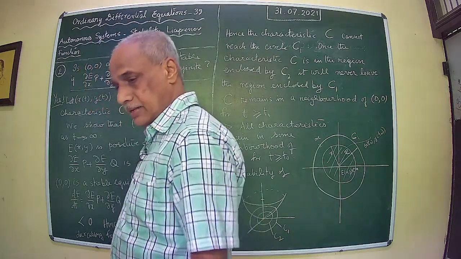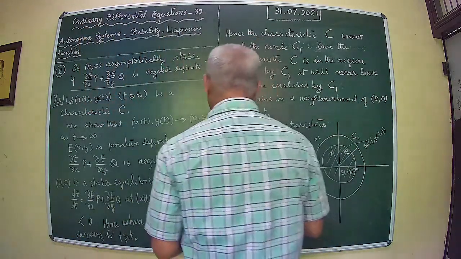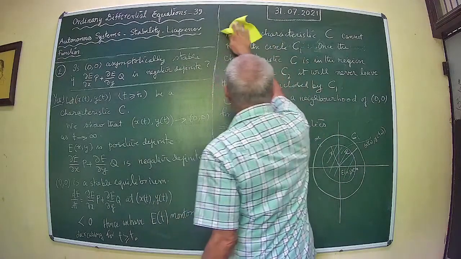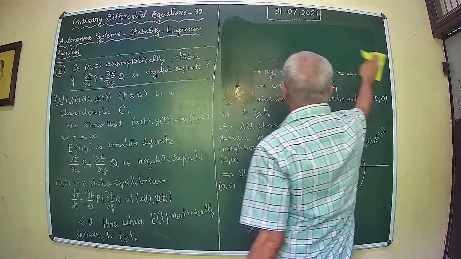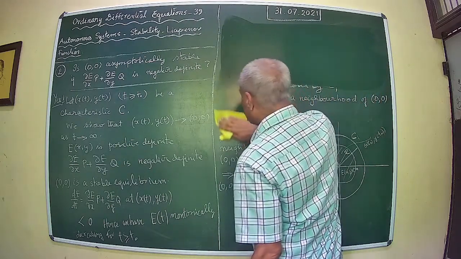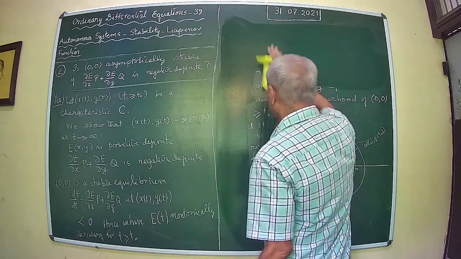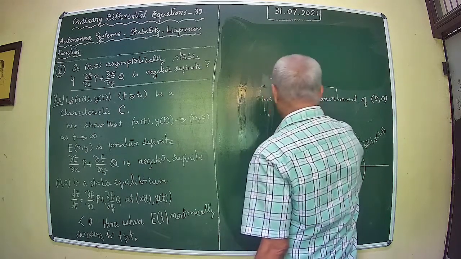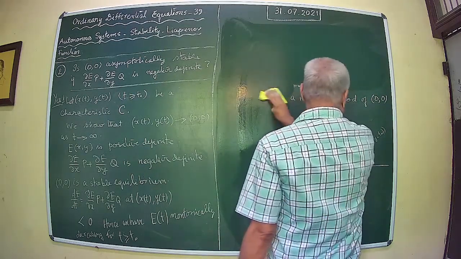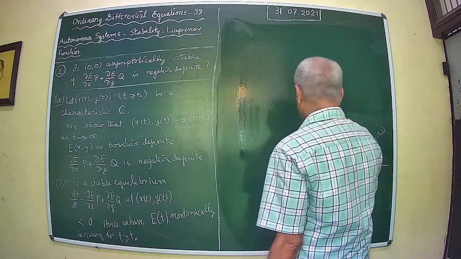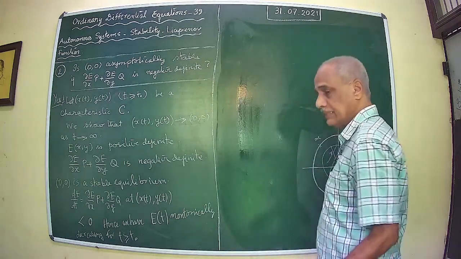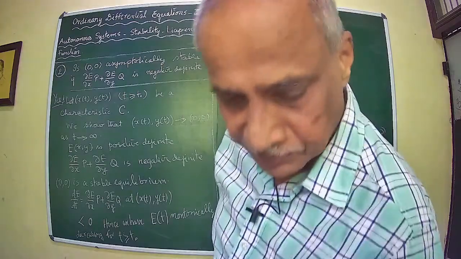Now what we have is, you know that E(t) is certainly greater than or equal to 0. E(t) is monotonically decreasing, and somewhere in the circle C, we have the function E(t) less than or equal to m.